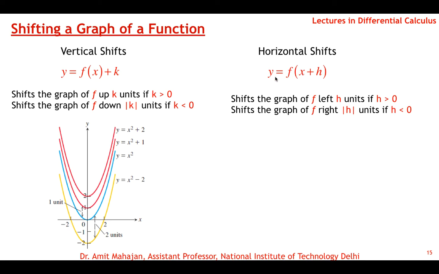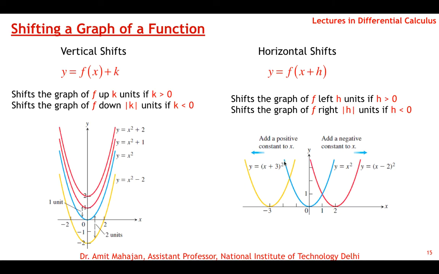Now horizontal shifts. If you change x to x plus h in y equals f(x), then it shifts the graph horizontally. It shifts the graph of the function towards the left by h units if h is positive, and shifts it to the right by the length of h if h is negative. Say again you are given the parabola y equals x square.